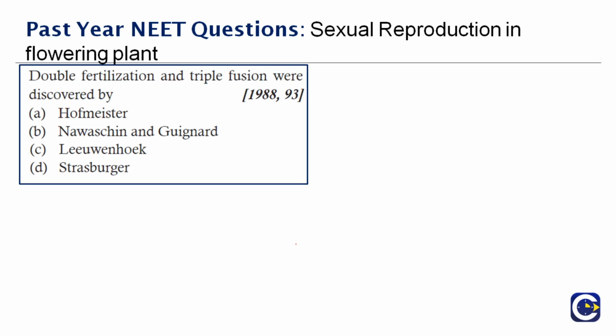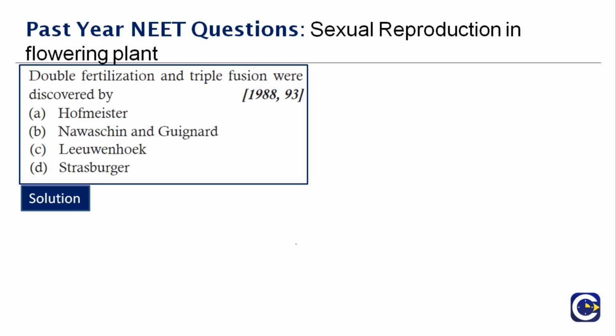Next question. Double fertilization and triple fusion were discovered by, okay, we have four options here: Strasburger, Leeuwenhoek. Anton von Leeuwenhoek, that is option C, is associated with microbiology. The right answer to this question is option B, Navaschin and Guignard.